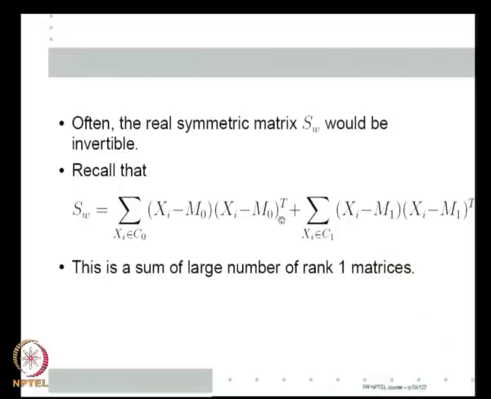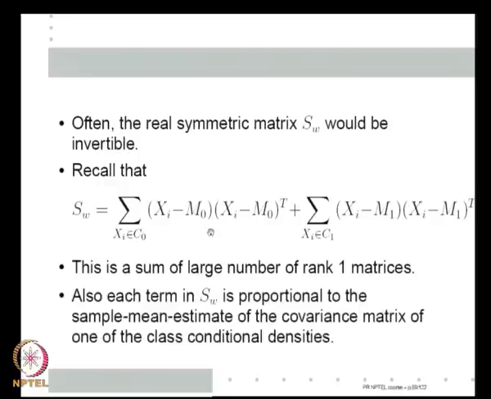If the number is large and the xi's are in general position, it is unlikely that all the xi will be in some lower dimensional subspace. If all the xi are not in some lower dimensional subspace, then adding all these rank 1 matrices should give me a full rank matrix. Normally, the number of samples is much larger than the dimension D, and hence adding that many rank 1 matrices should give me a full rank matrix.